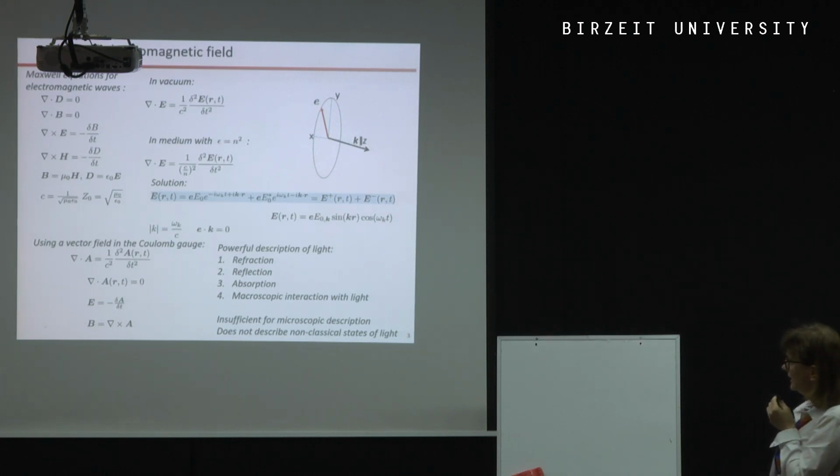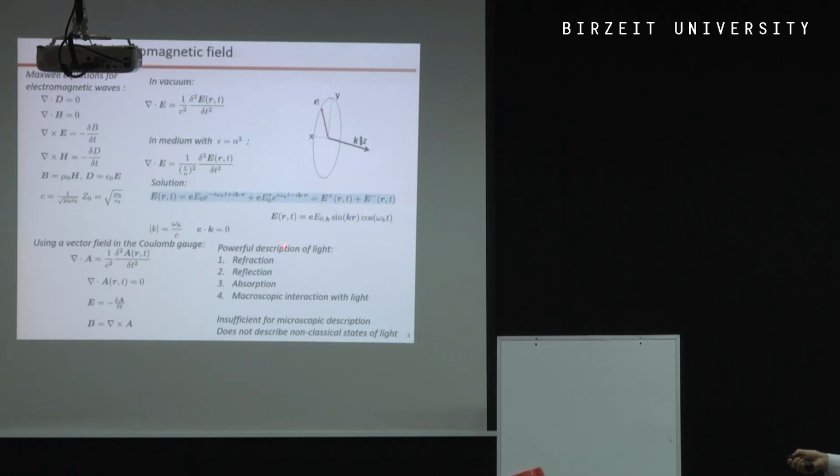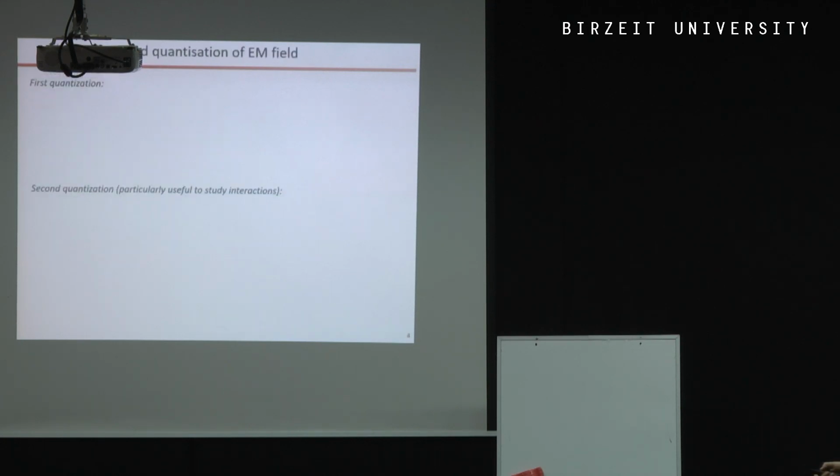And the first thing to do is rather simple, and it's to replace the electric field expression with operators. And this is first quantization. So here you notice I will only work with the vector field, but as you remember, this is only a little bit of algebra that will take us back to electric or magnetic field, so nothing to be scared of.